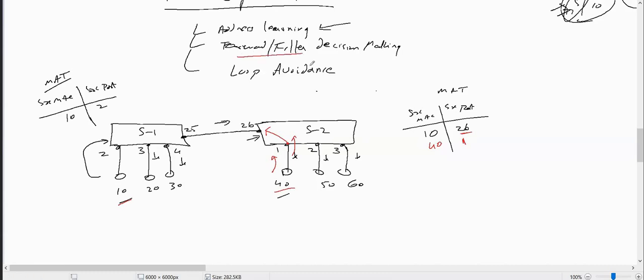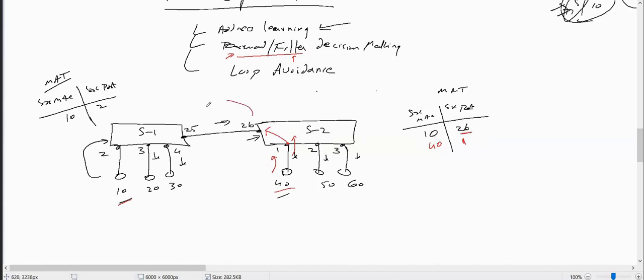This is where the second function kicks in. When I don't know where the destination is, I forward the frame to all the ports. When I know where the destination is, I filter on all the other ports and send it only to the corresponding port. So in this case, the return frame is sent from 1 directly to 26 because it is going to 10 and I know where 10 is.